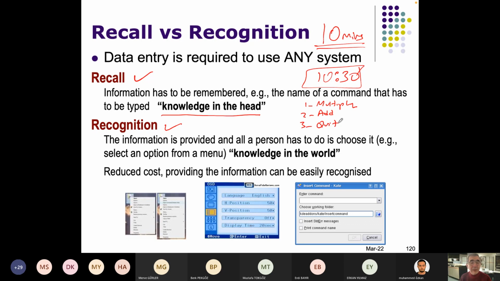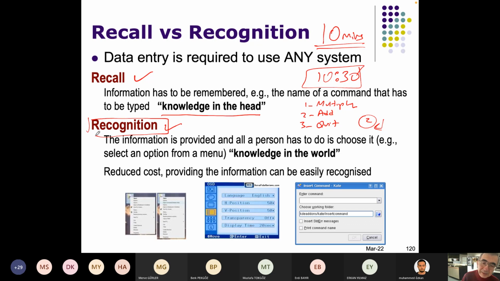So that is also a menu. But in this case, you realize that you have the 3 options. You don't have to memorize what you have to do. It is given to you, and you are expected to hit a number. This is what we call recognition-based interfaces rather than recall.